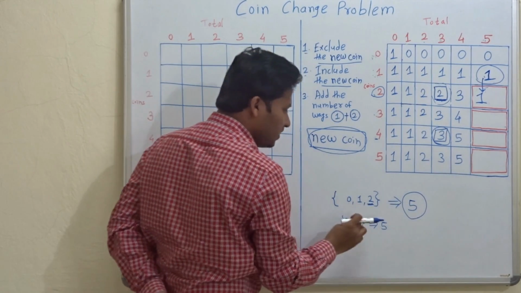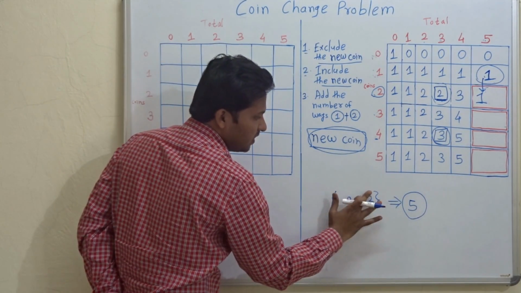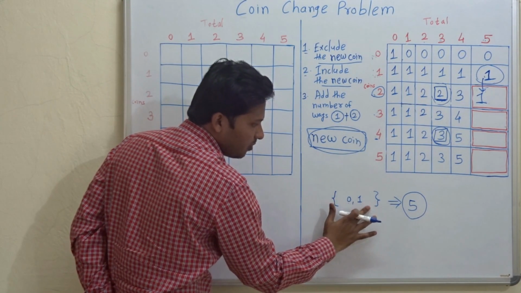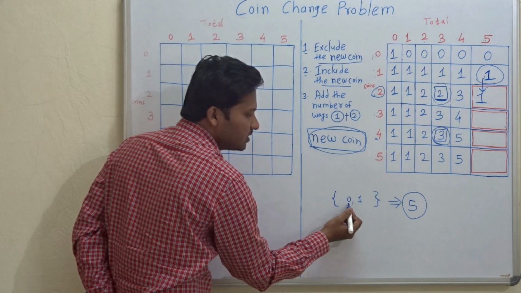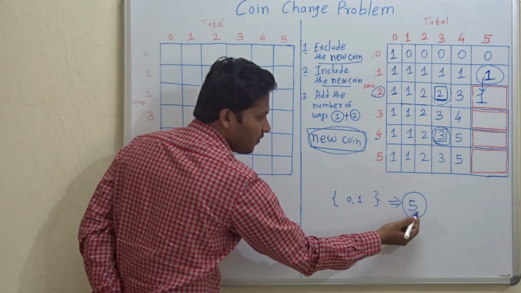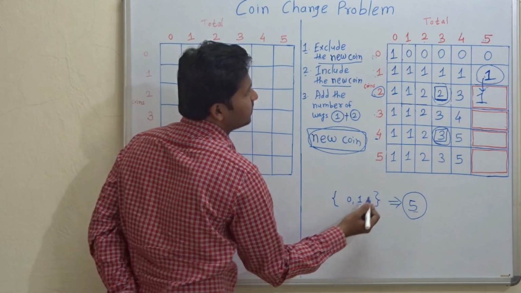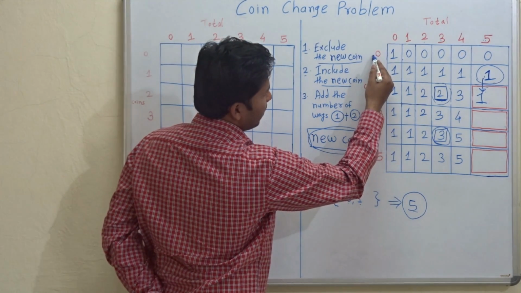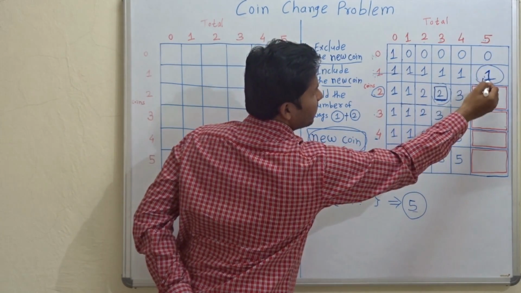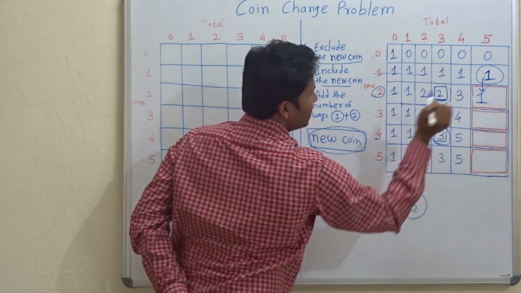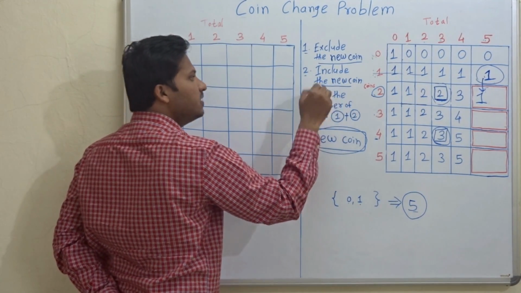Suppose we exclude this coin of denomination 2, then the number of ways to make a total of 5 by using coins of denomination 0 and 1 is 1. So here is 1.